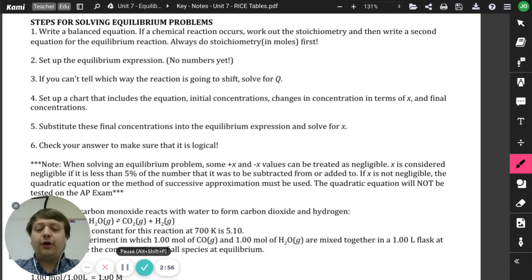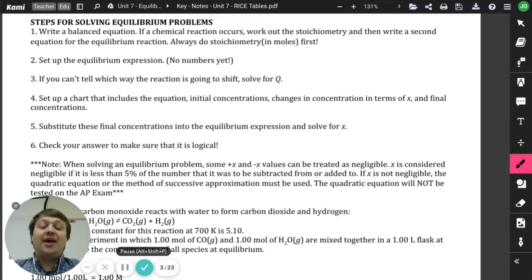If it is not negligible, then we have to either solve it normally or use the quadratic equation. The quadratic equation is not going to be tested on the AP exam, but in this class I'm going to give y'all a challenge problem that uses it, so you might need to pull some of that out of your memory.